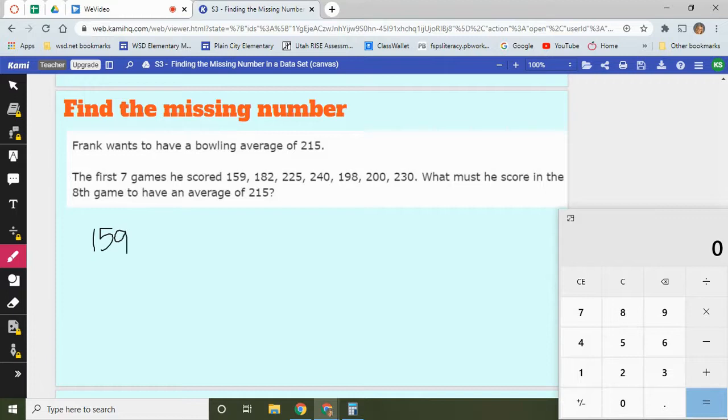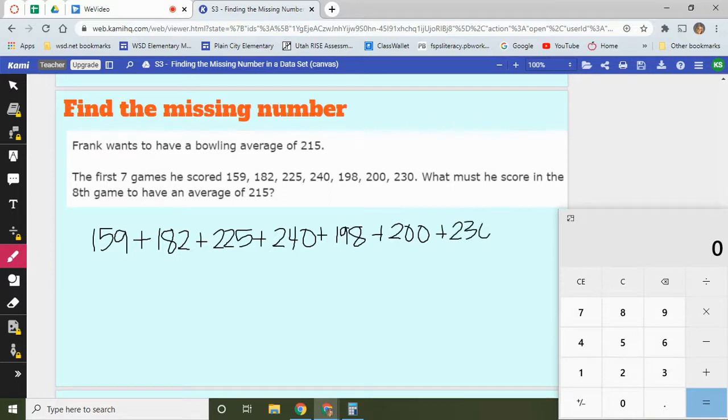159, a 182, a 225, 240, 198, 200, 230, and we have a missing, right?